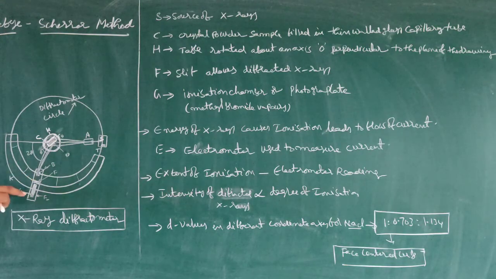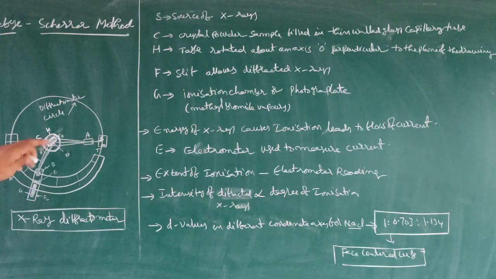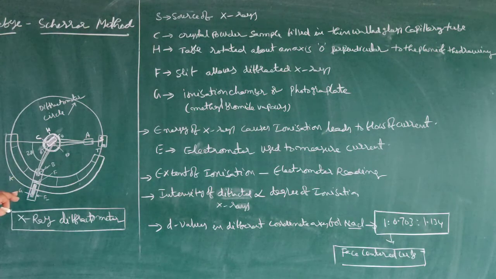This is the next one. G is the ionization chamber or photographic plate. This contains methyl bromide vapors. The energy of X-rays causes ionization, which leads to flow of current.